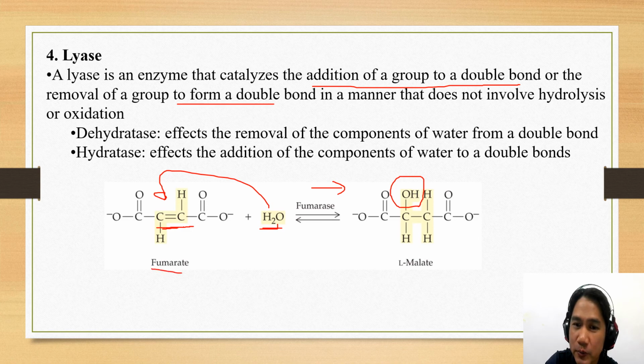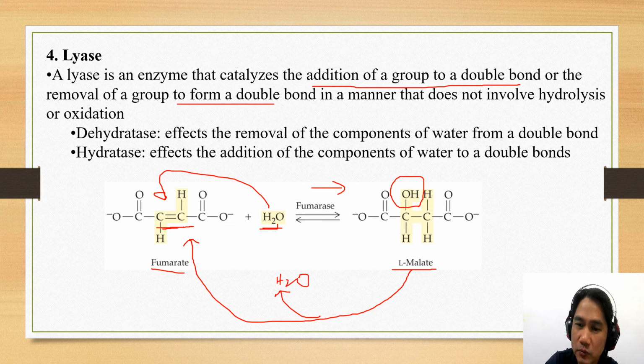So here in fumarate, the atoms in water become part of the malate. Now, when malate undergoes removal of water, water is released, denoted by this arrow, and it will go back to fumarate, where you have an alkene, or a double bond.